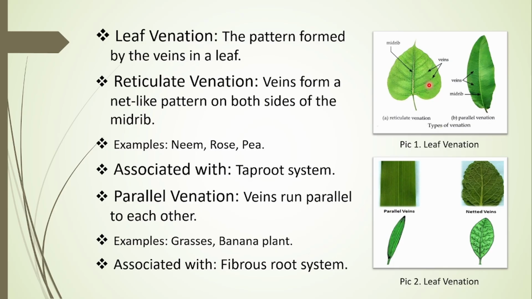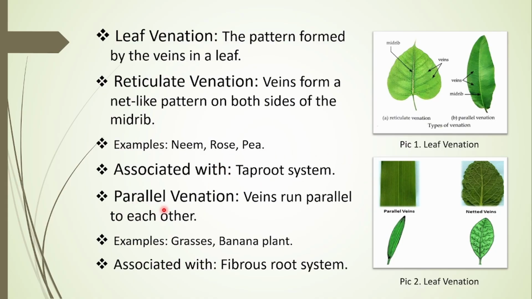Both sides have a net-like venation pattern. Net-like means web type. Some examples are neem, rose, and tea having reticulate venation. Whenever reticulate venation is present in a plant, its root system is taproot system.